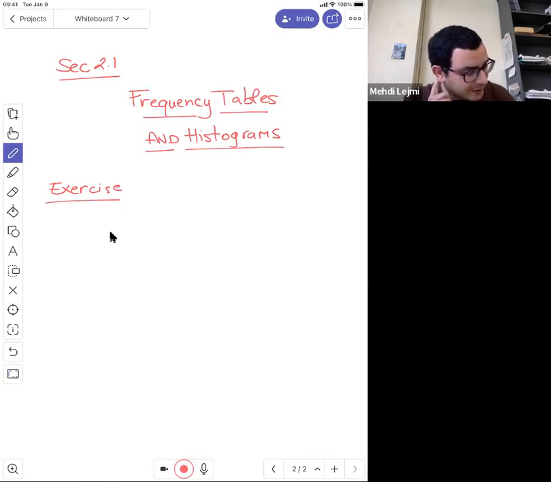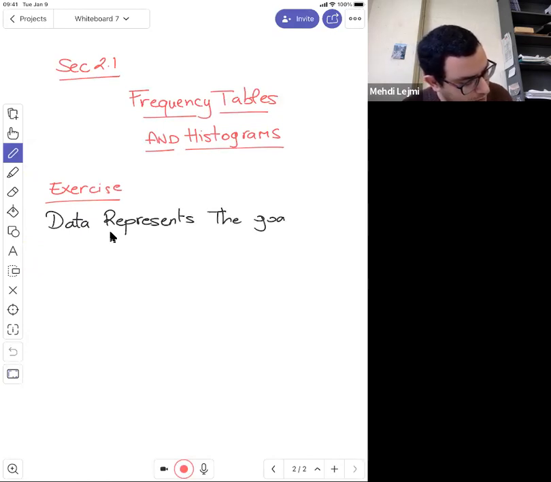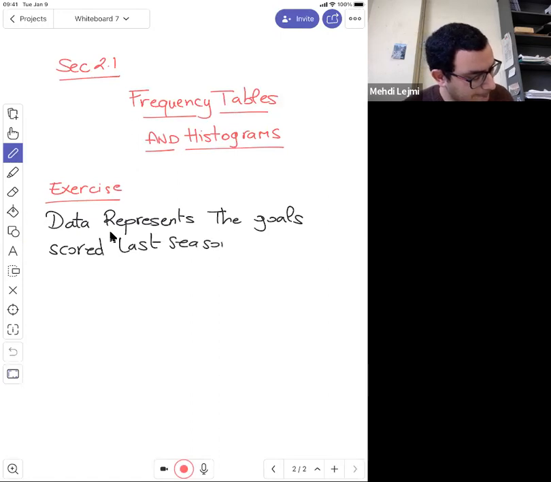So we have this data, which actually represents the goals scored last season by the teams in the MLS Eastern Conference.